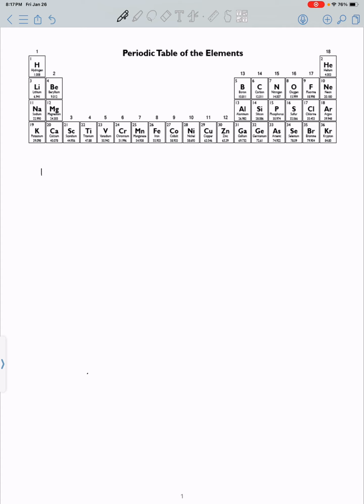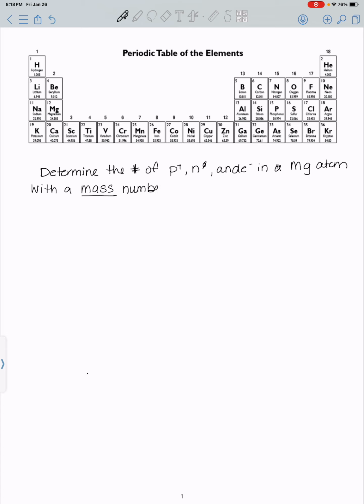So let's say: determine the number of protons, neutrons, and electrons in a, I'm just abbreviating it, magnesium atom with a mass number of 30.